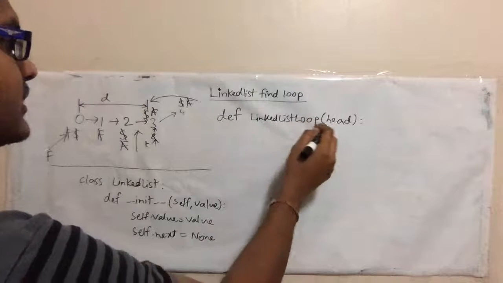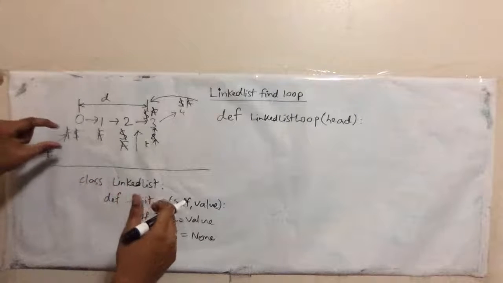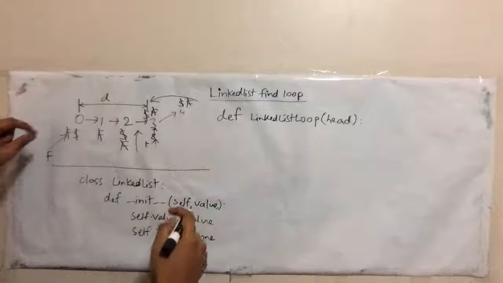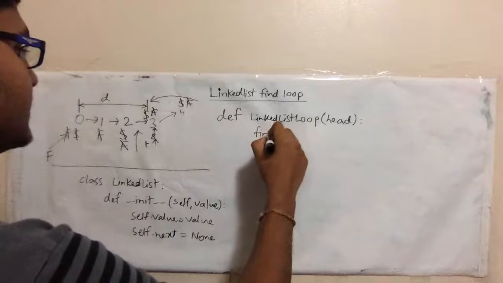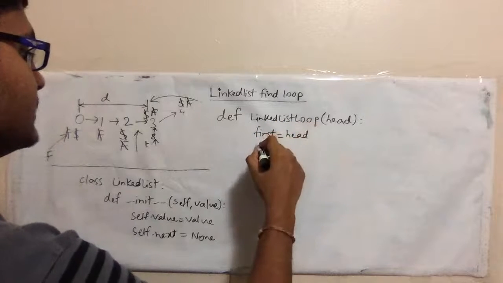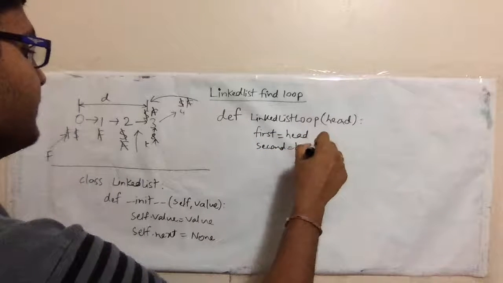Okay, so in the linked list, what we have done is create the first pointer and second pointer, and point them to the head. Say for example, the first pointer points to the head, the second pointer points to the head.